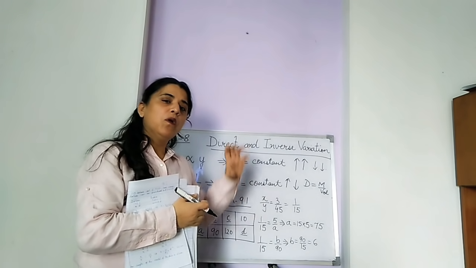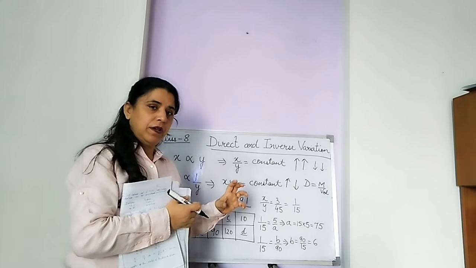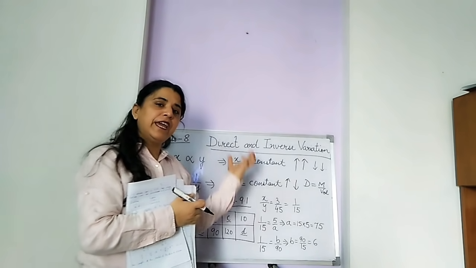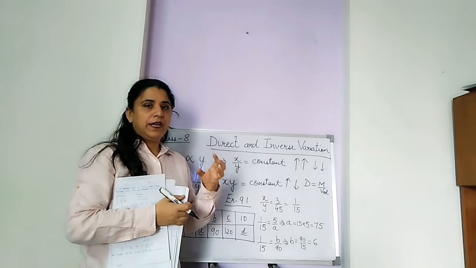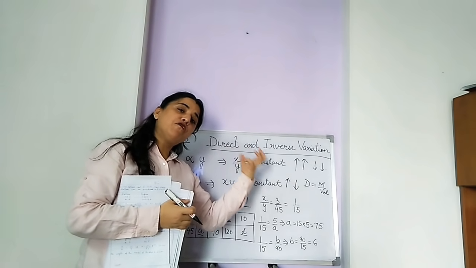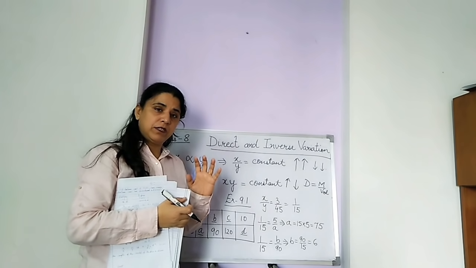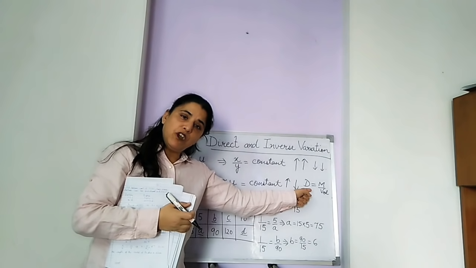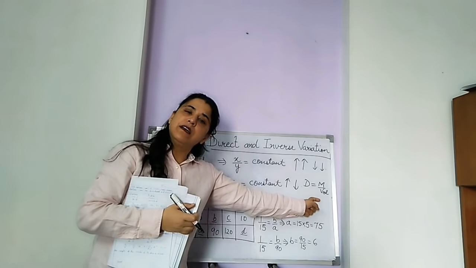Clear? So the heavier or denser the object is, the less is its volume. You can see 1 kg of rice and 1 kg of puffed rice. You have seen that 1 kg of rice is denser than 1 kg of puffed rice. The denser the object is, the more the density, the less the volume.